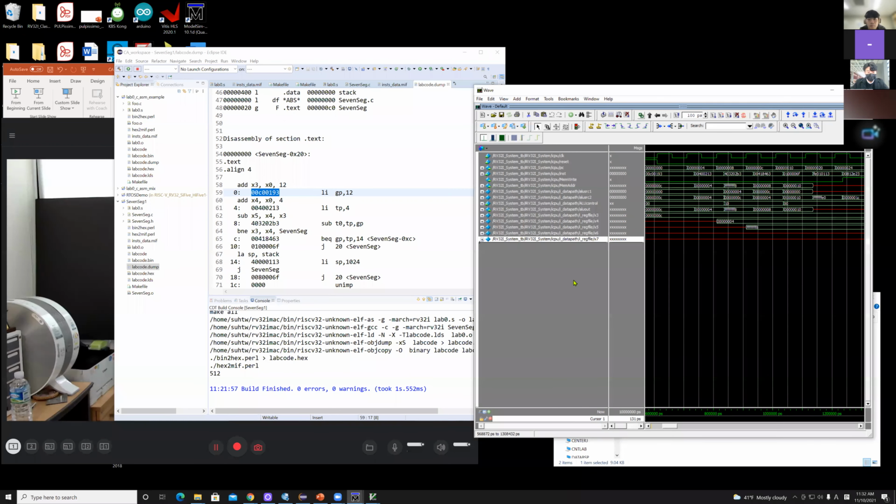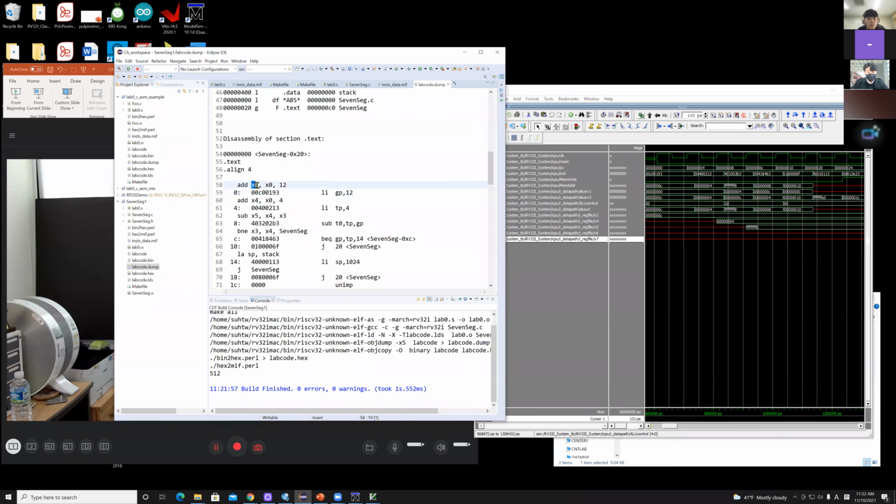And then location 4, 213, right? This one. And location 8, 2B3, right? This is doing instruction fetch, correct. Then the first instruction is updating what? The X3 register, right? Look at this. X3, the register.